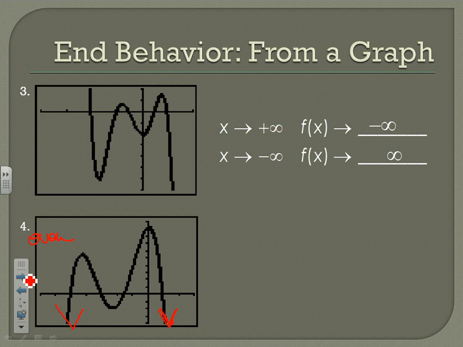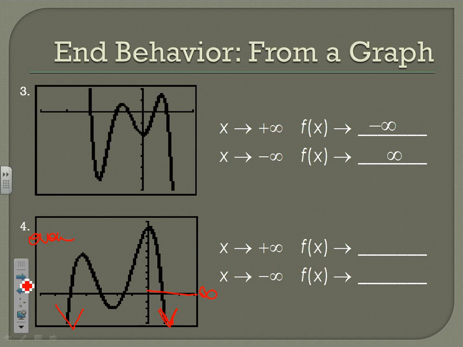Okay, now I say, as my x values approach positive infinity, that means going out to the right side of this graph, what's happening to that graph? Well, it's falling down, and it's falling down quick. So we say it's approaching negative infinity.